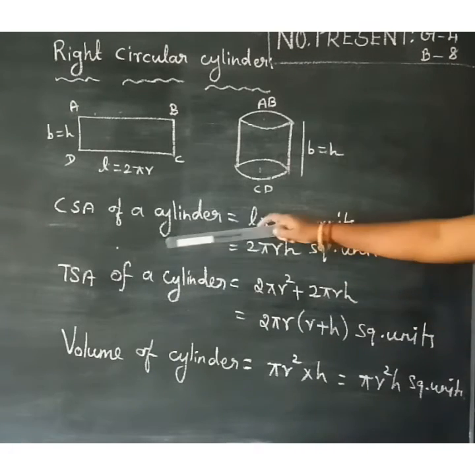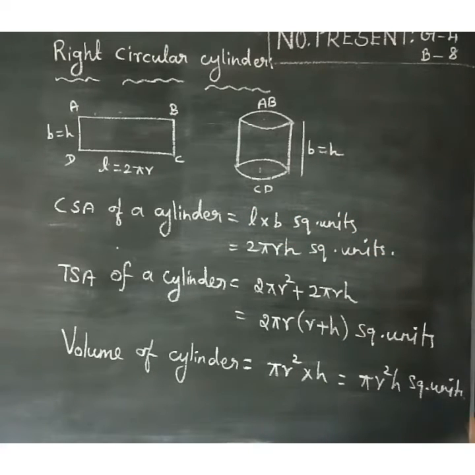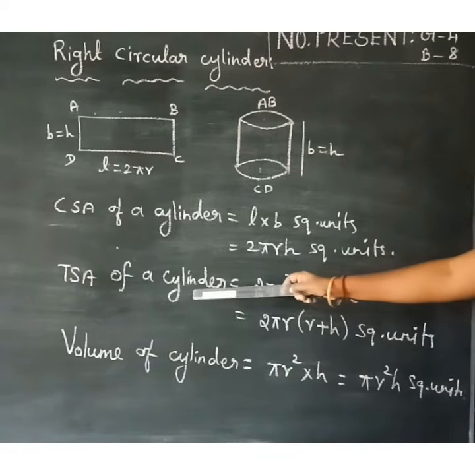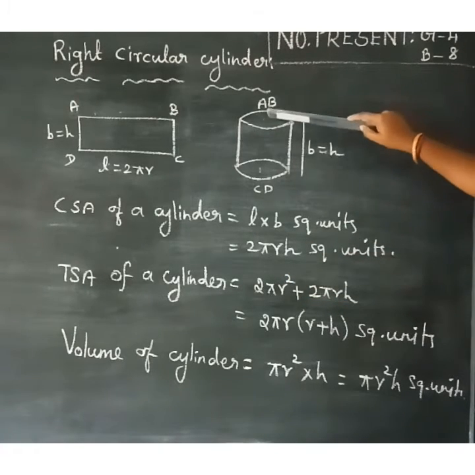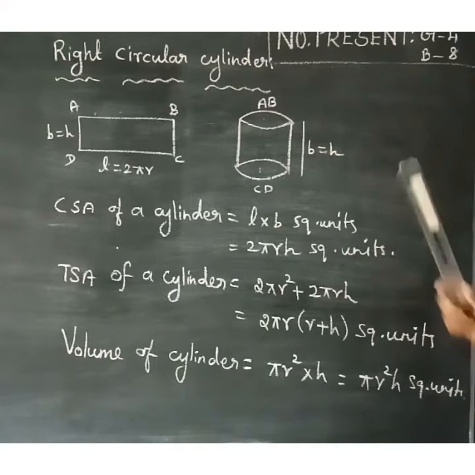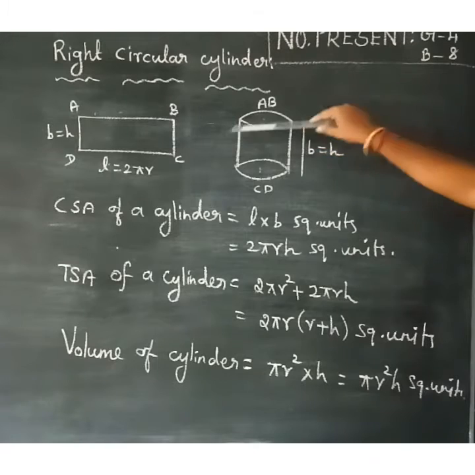Next, total surface area of a cylinder. So listen, total surface area of a cylinder means these portions include top and bottom. In lateral surface area, we consider only surrounded parts.